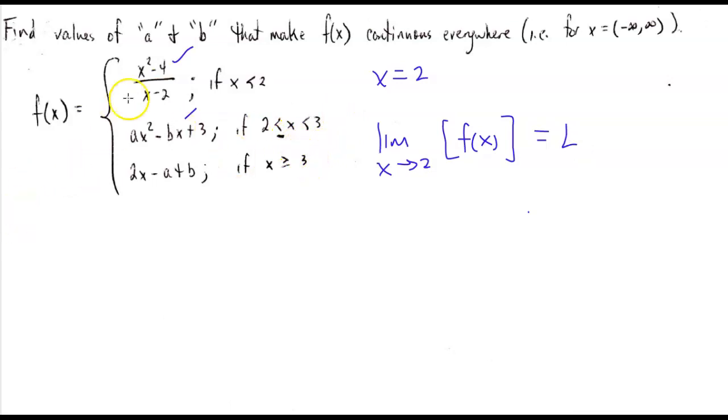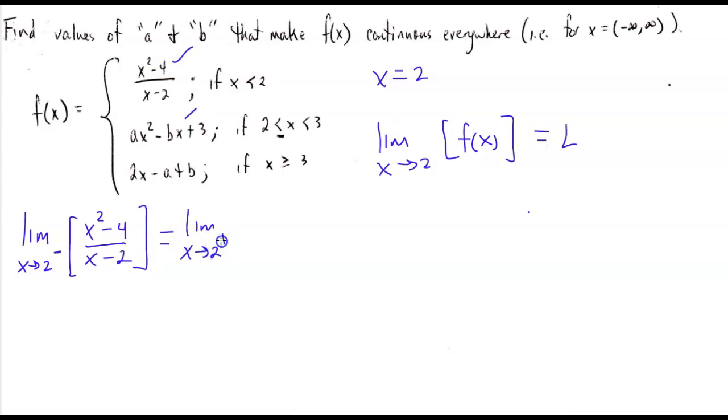Now, to put that another way, since we have a piece that's to the left of x equals 2 and a piece that's to the right of x equals 2, then we're going to have to say the limit as x approaches 2 from the left of our function, f of x, which is going to be this (x squared minus 4) over (x minus 2), has to be equal to the limit, or the behavior of the function, as x approaches 2 from the right of our right piece, which is this quadratic function, okay?